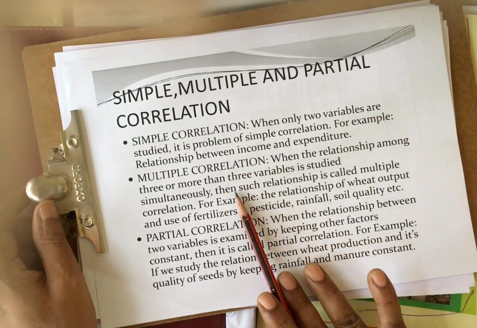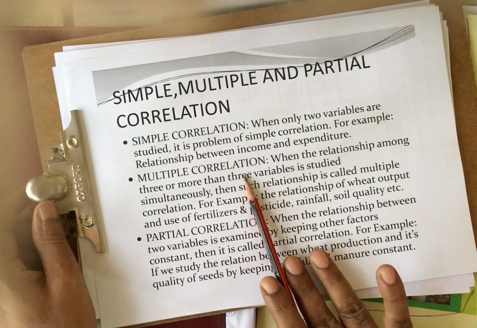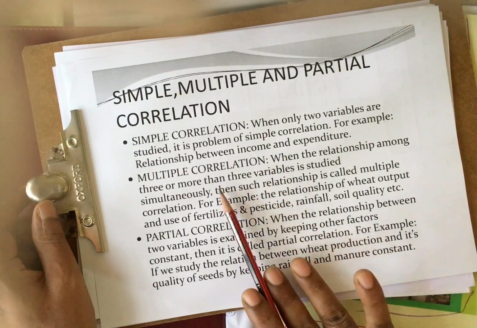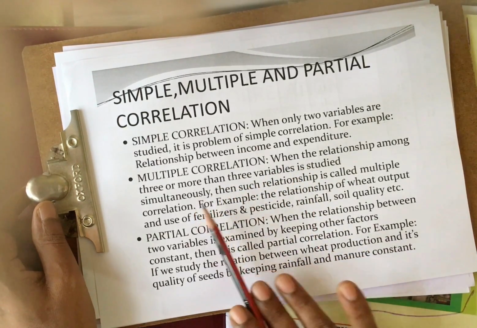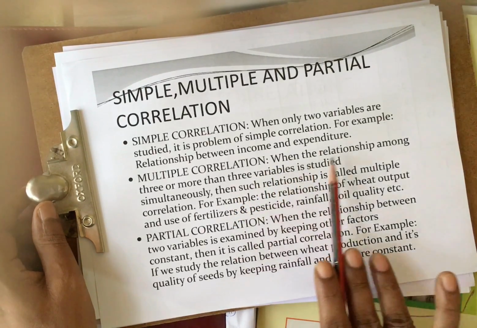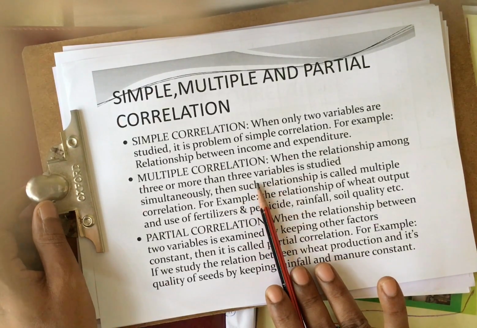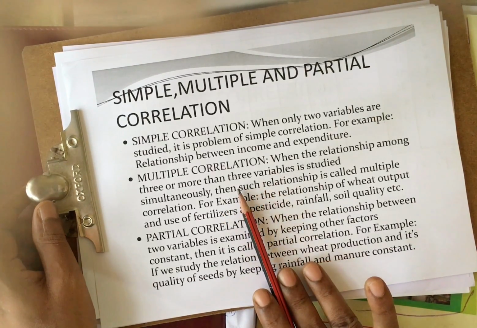For example, the output of wheat depends not only on one or two factors, but many factors. In the same way, the results of children in a school depend upon a number of factors. Like that, in our daily life, many things do not depend on each other or on just two factors. They depend on more than two factors.